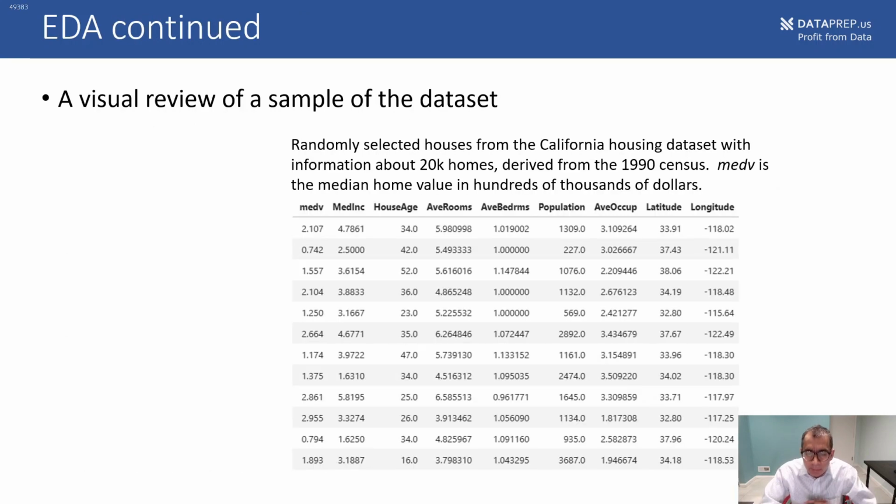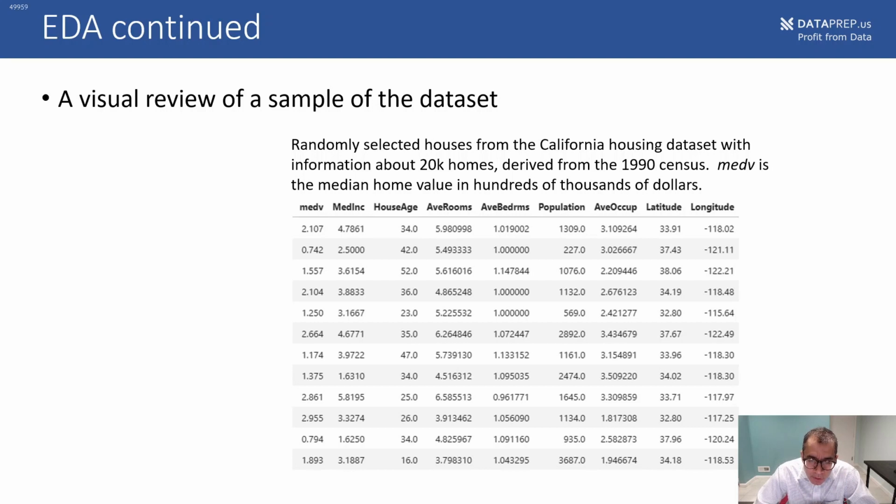A visual review of the sample of the data set. So here is a data set which includes information on about 20,000 homes. And of course, on screen, we can only see a handful. But these are 20,000 homes in California sometime around 1990.